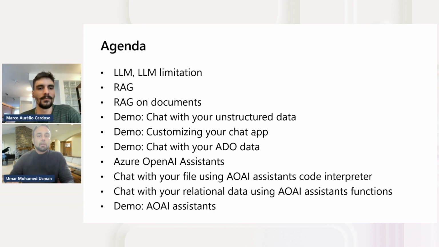RAG is a retrieval augmented generation pattern. And also how you would do RAG on your company's data, which is documents, right? And also you could do RAG on structured data, relational data in a database. We will be looking at that as part of the Assistants demo as well.